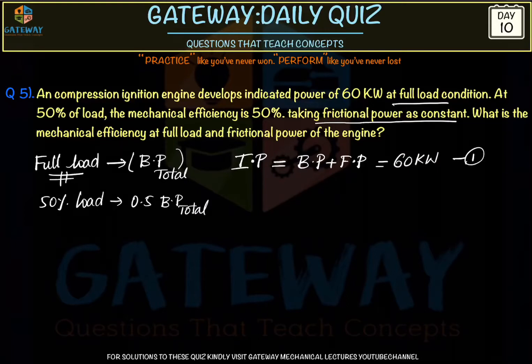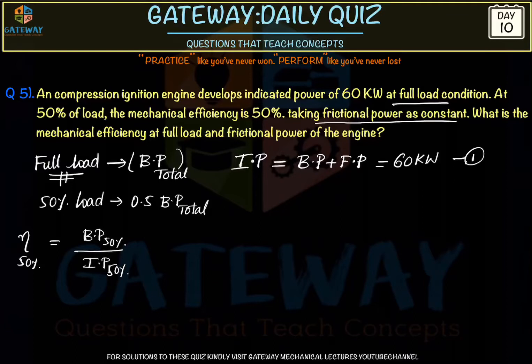Next, it was given at 50% load, the efficiency. So mechanical efficiency at 50% load is nothing but BP upon IP at 50%. The BP at 50% will be 0.5 times BP, and the IP at 50% will be 0.5 times BP, and frictional power remaining constant, it will be FP.